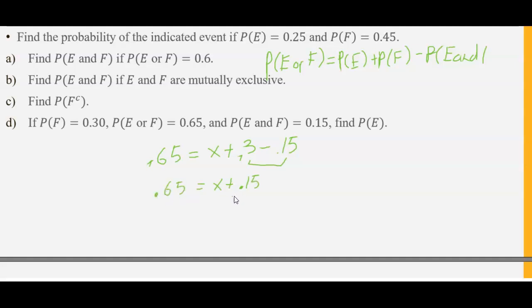To get X by itself, subtract 0.15 from both sides. So then 0.5 is equal to X, which is the same thing as saying the probability of E is equal to 0.5.